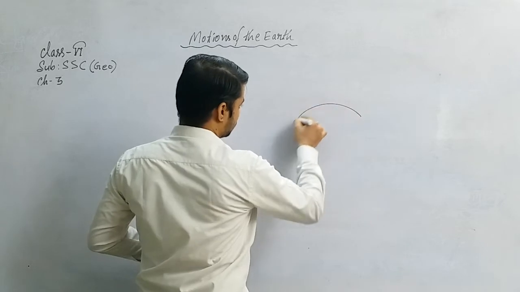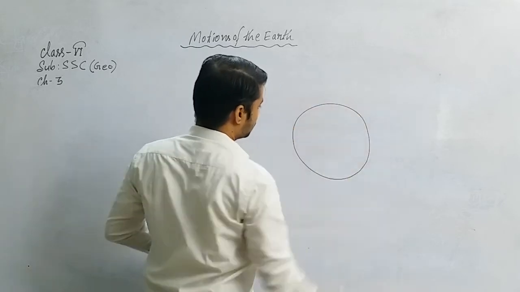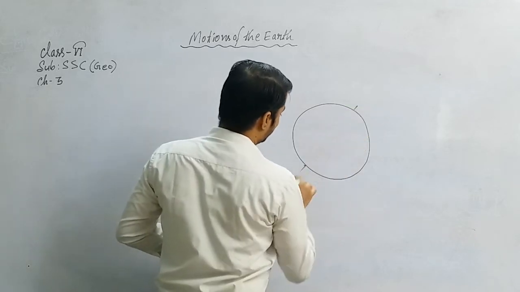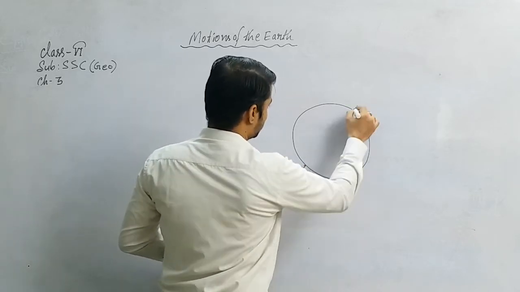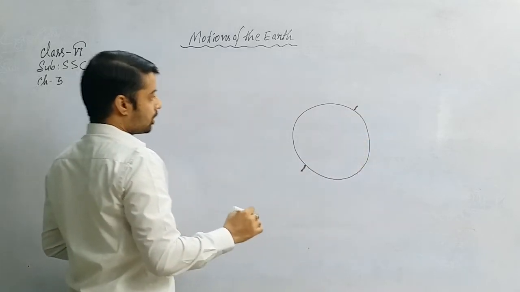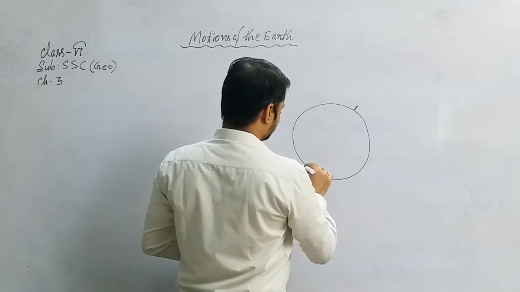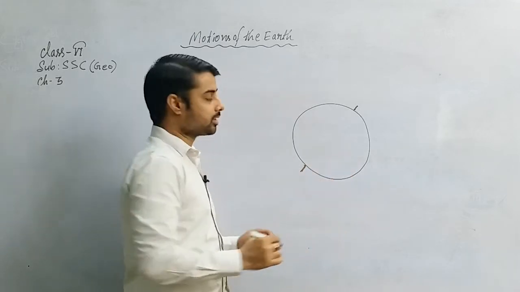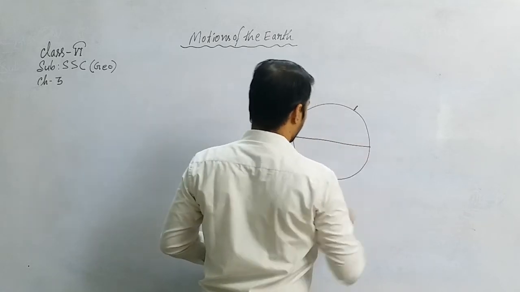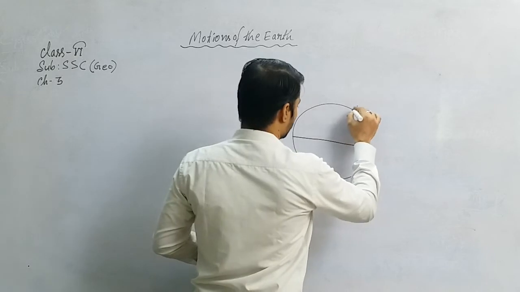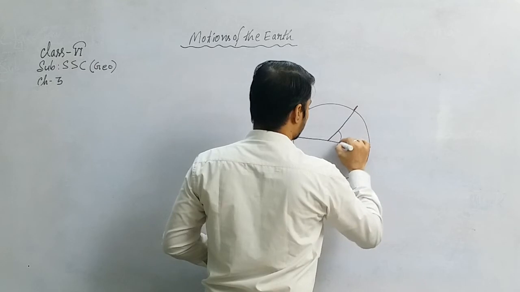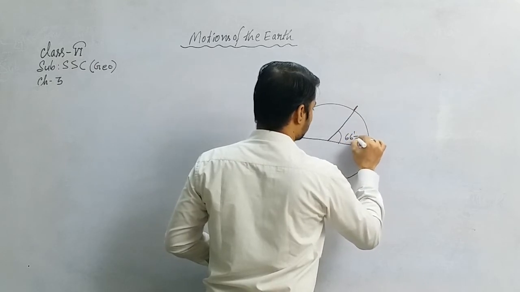So look at this picture. Suppose this is the Earth and this is the axis, and these are the 2 points of the axis. This axis is slanted; if we draw a line in the middle of the earth, then it creates a 66.5 degree angle.